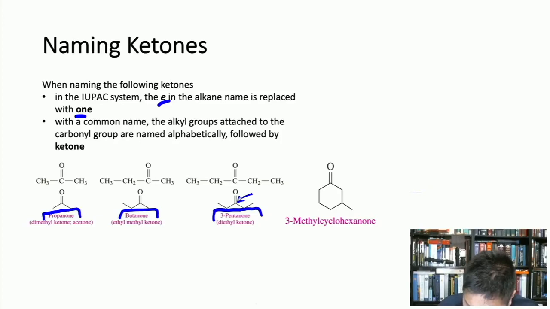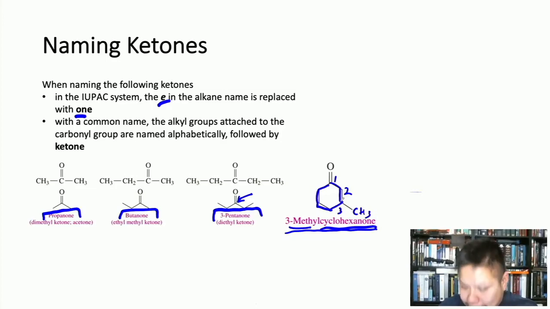And then 3-methylcyclohexanone, which is 1, 2, 3. There's the methyl group right here. That's why it's 3-methyl, and then cyclohexanone, because the ketone is at carbon 1. When you don't say anything, it's assumed to be at the 1st carbon.